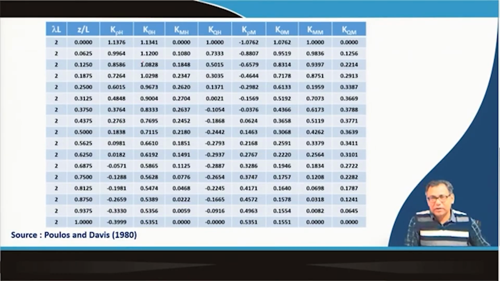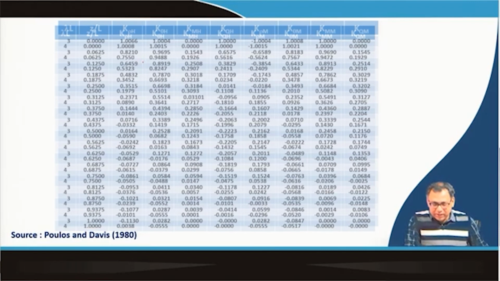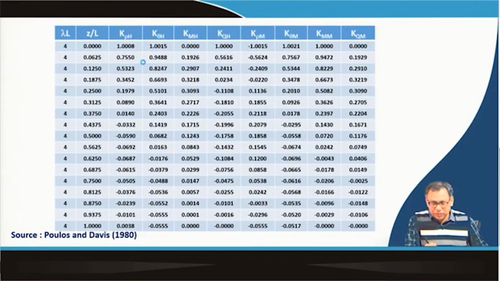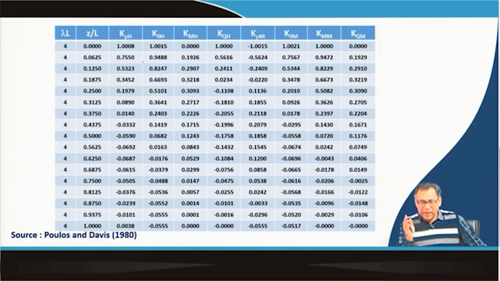So, for other cases, for more than 2, 3, it is close to 1, then 4 is also close to 1, then 5 is also close to 1. So, that is why I want to say that if your lambda L's value is less than 2.5, definitely you have to model your pile as a finite beam.